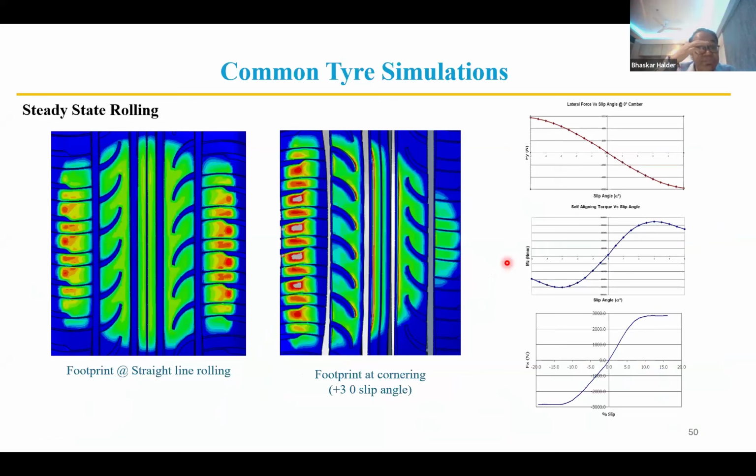Again, one thing: suppose we are taking a 30-degree slip angle. This is straight-line rolling, if you say.